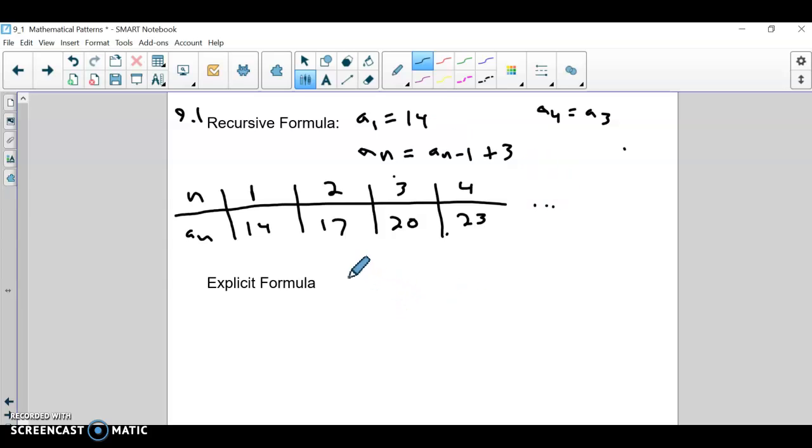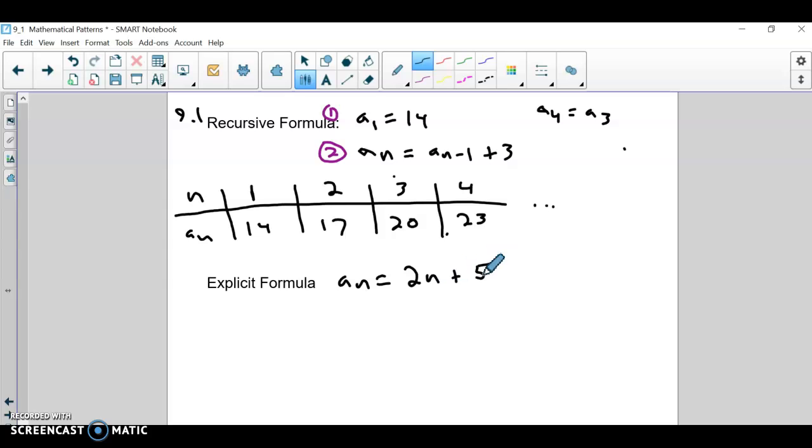Okay, and an explicit formula is different because it'll only have one equation. The recursive one is kind of two parts: an initial part, and then how you find the next term. In the explicit formula, you still have a sub n, but then over here you just use n to figure out the value. So maybe it's something like 2n plus 5.